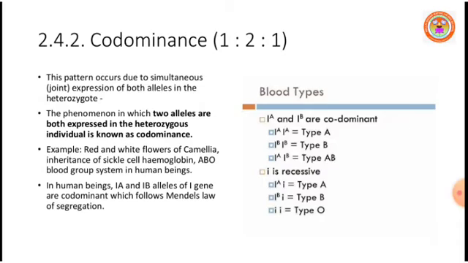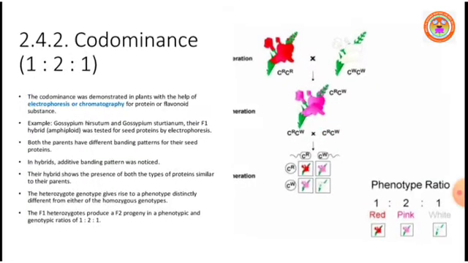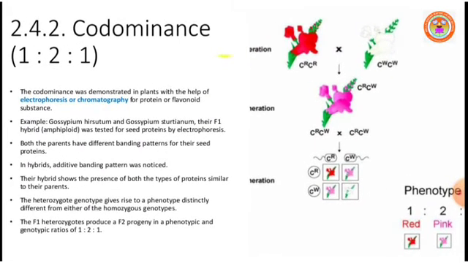Codominance was demonstrated with the help of electrophoresis or chromatography for protein or flavonoid substances. Example, Gossypium hirsutum and Gossypium stewartianum.